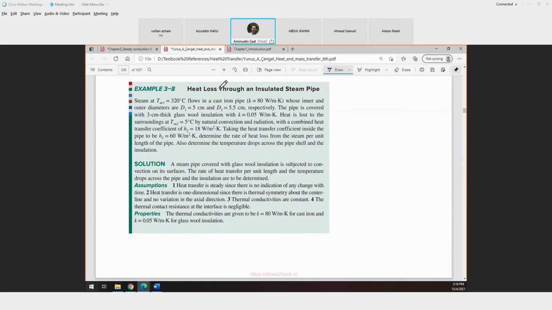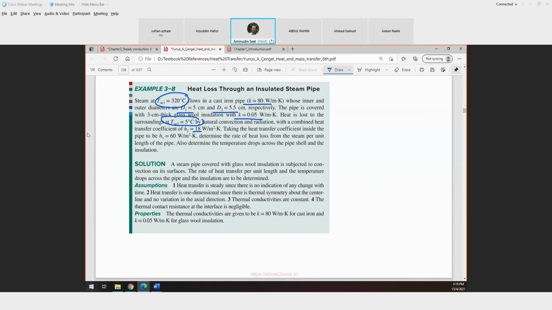You have the temperature inside 330. You have the pipe made from cast iron. You have the internal diameter and external diameter. You have the insulation using glass wool at k 0.05. You have the surrounding temperature at 5 degrees Celsius.